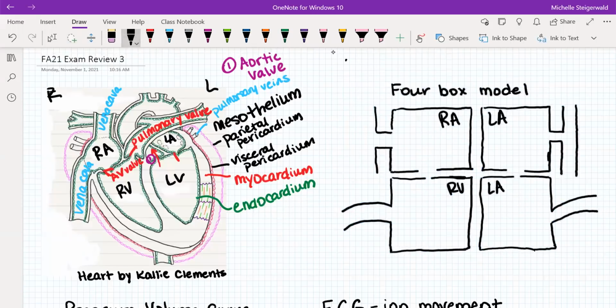Blood coming back from your body is deoxygenated. It's going to go into the right atrium. It's going to go through this right AV valve. And then from there, it can move out the pulmonary artery.